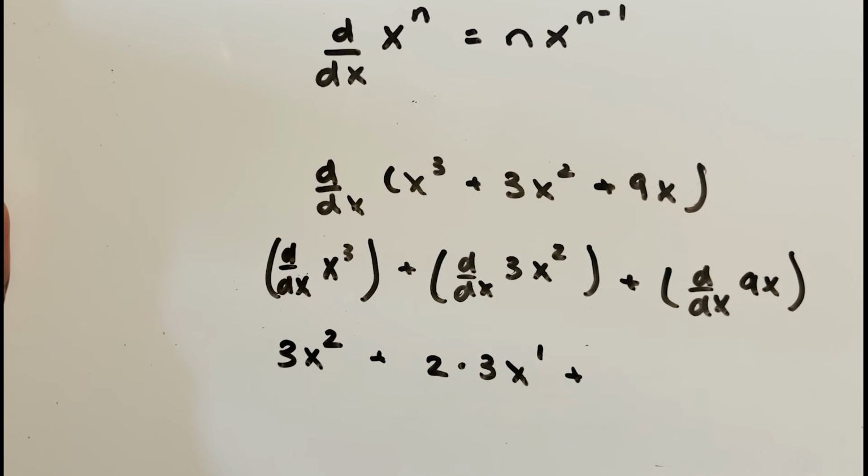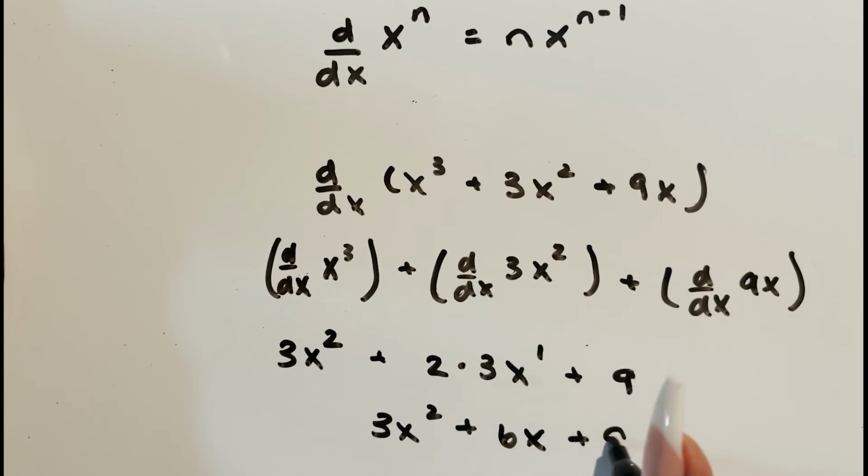Finally, in our last term, we have the derivative of 9x. We know that when a constant is being multiplied by a variable, its derivative is the constant itself. So the derivative of 9x simply equals 9. So our final answer is 3x squared plus 2 times 3, which equals 6x, plus 9.